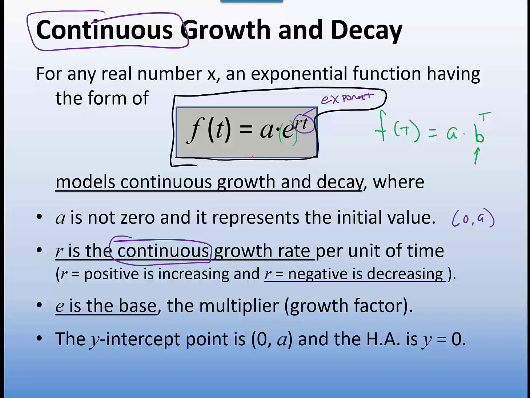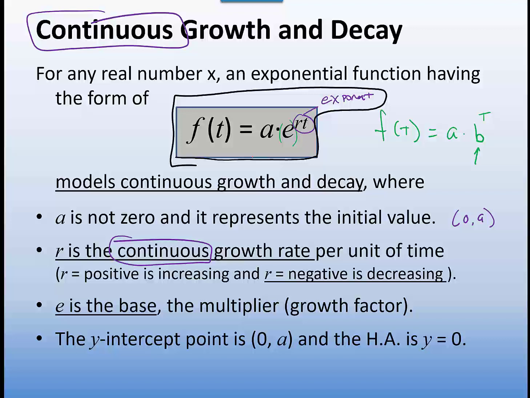Does it wait a year before it takes a step in growth? No. Does the coronavirus wait a day before there's a step in growth? No. The coronavirus is growing continuously. And it turns out that function in the black box, the exponential base e, models continuous growth more accurately.